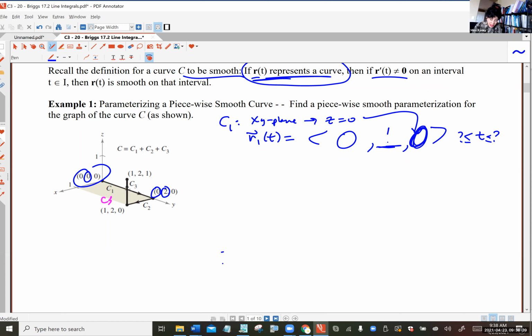Well, shoot, just pick one. t, and t is typically the parameter that we use when we're parameterizing. So we're going to say it's t, and t varies. And this is where you can pick your interval for time. So in order to make this curve match, and since y went from 0 to 2, our time will go from 0 seconds to 2 seconds. And boom, we just parameterized the first curve. And I'm done with C1.